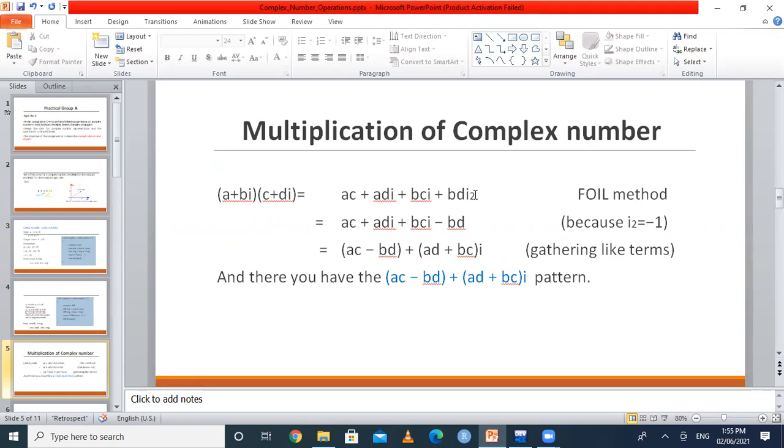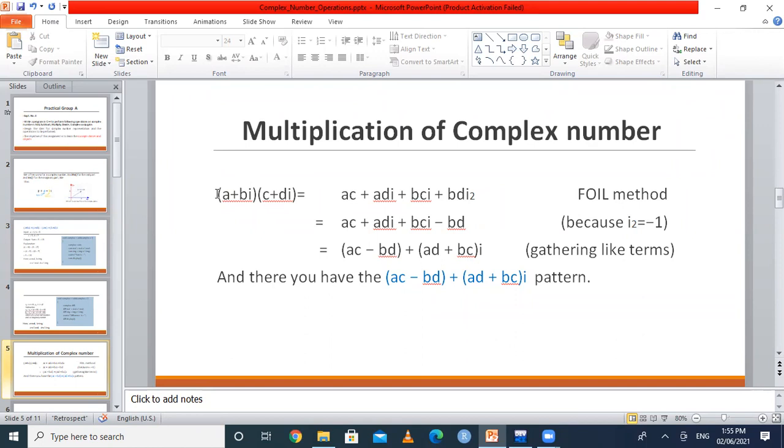The value of i square is -1, so this plus sign becomes minus. Now we group the i terms and the non-i terms, so we write ac minus bd, and then ad plus bc multiplied by i. In this way, you can multiply two complex numbers.